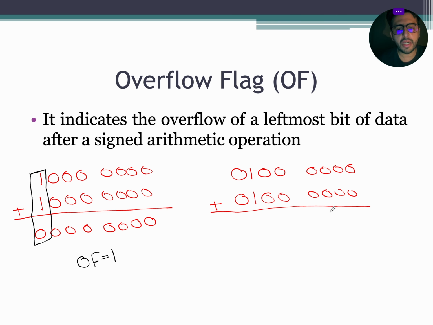Now for the same addition operation, we have two 8 bits of data and the sign bit of both input is 0. Do remember the leftmost bit is considered as sign bit.